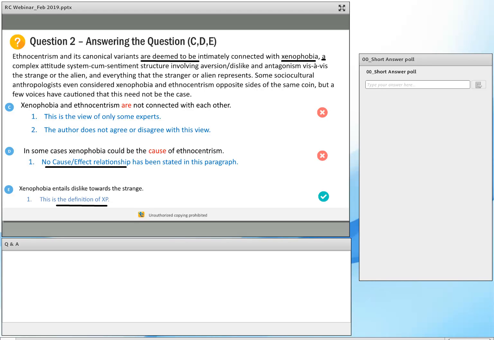Even if you didn't know what deemed to be meant, you could probably guess that this is something that's considered to be or taken as or something else. It's not the author's view. Why? It's not the author's opinion. Why? Because the author would not say deemed to be if it were his own opinion.